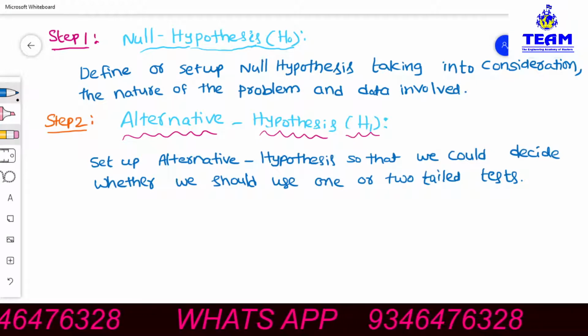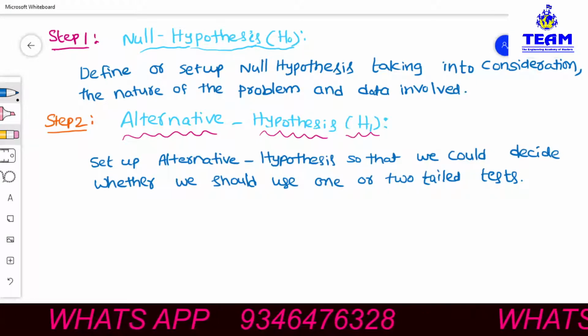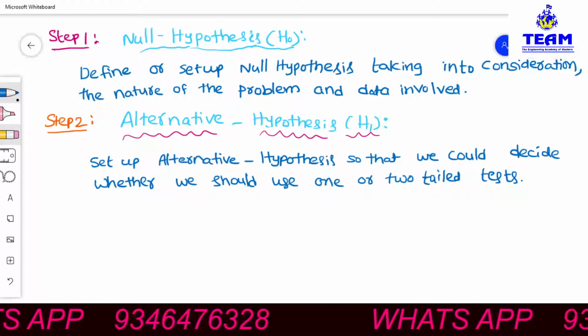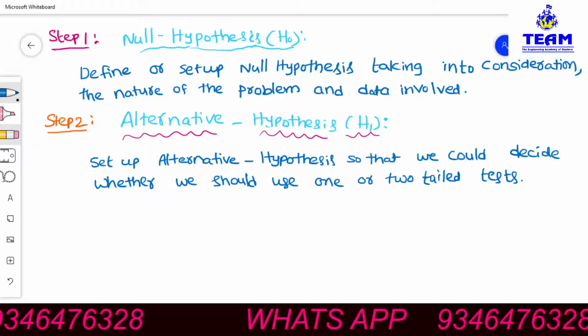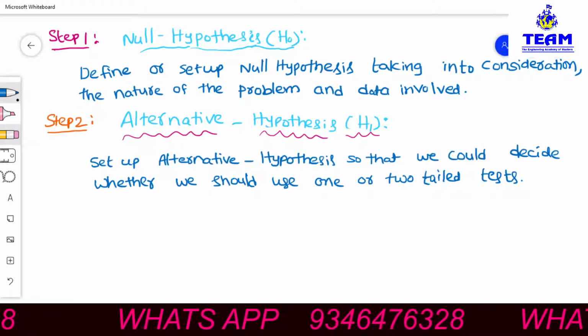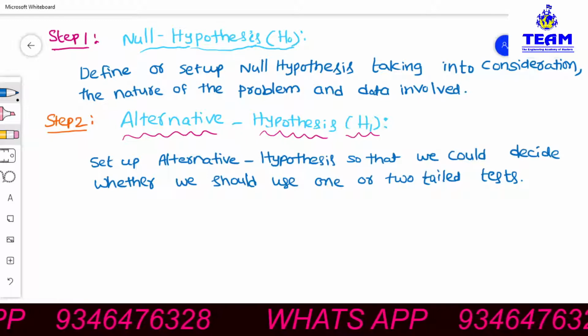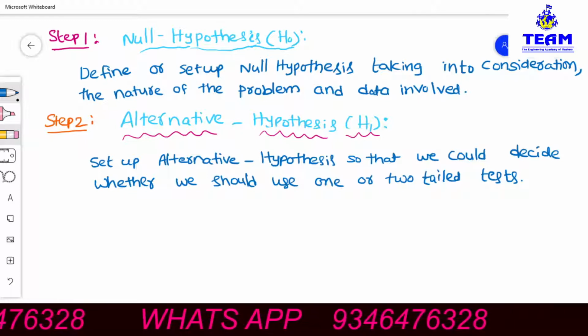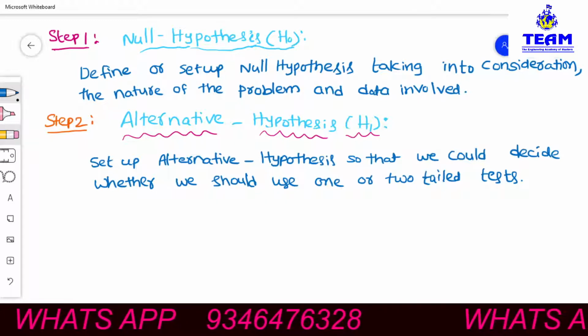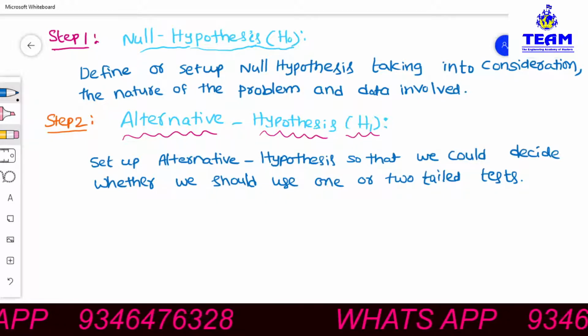Now I would like to go to step 2. Step 2 is the alternative hypothesis. Alternative hypothesis can be represented with H1, sometimes with H suffix A. A stands for alternative hypothesis.